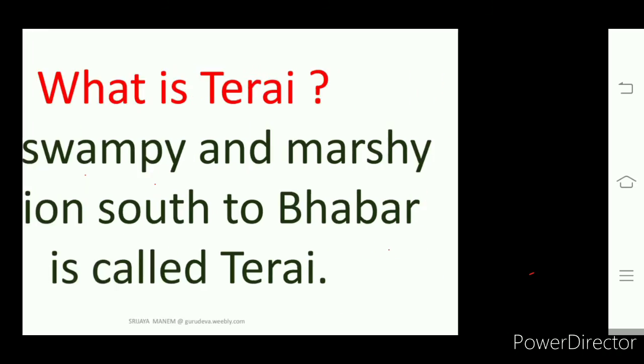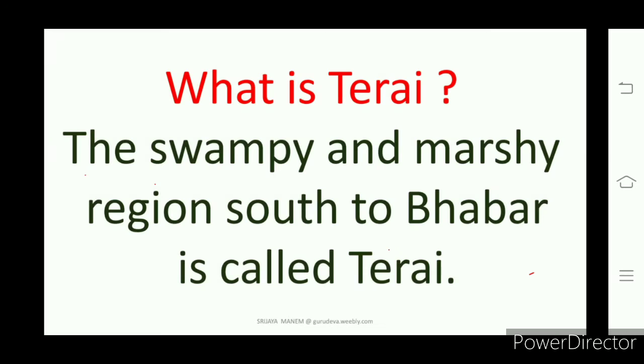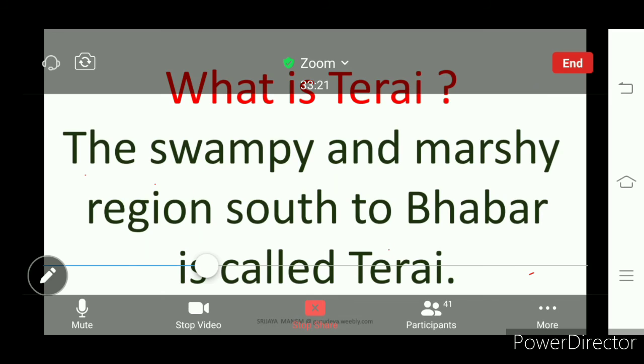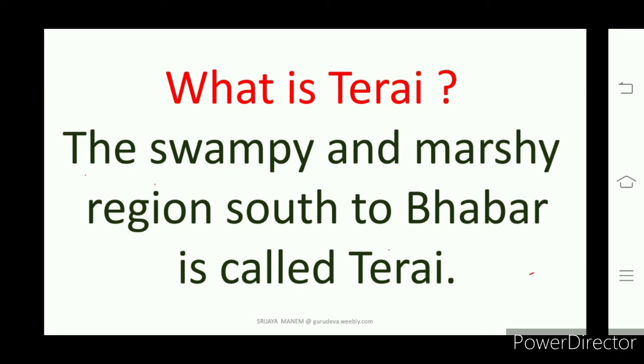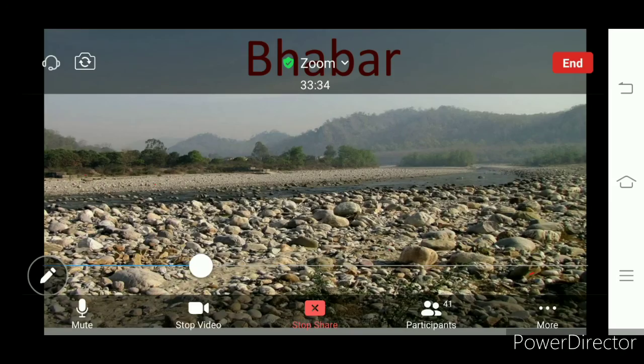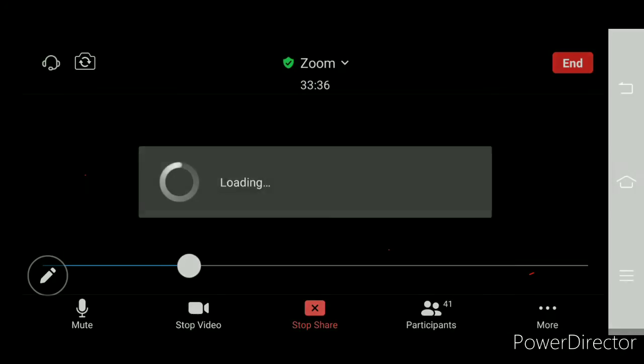What is it? Terai. Understand? So what we have studied here: Indo-Gangetic plains, Babar, Terai. What is Terai? Swampy, marshy region which is to the south of the Babar.